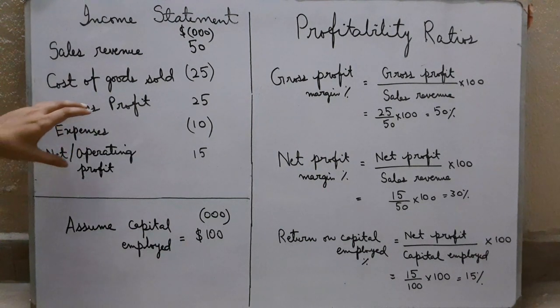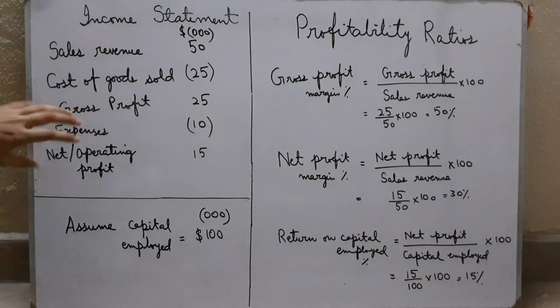Maybe the business has decreased its expenses, and as far as expenses are concerned, that can be due to delayering, lower salaries for the management because you have fewer managers to manage the business, or maybe you might have moved your business to a lower end area, so due to that you have reduced your expenses.